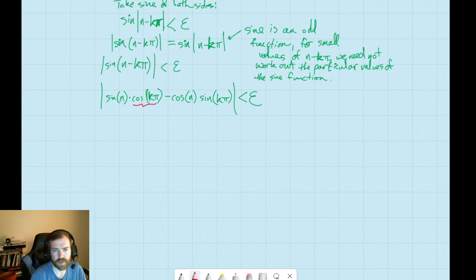So the cosine of k pi is going to be equal to 1 or negative 1. But this being an absolute value, we don't have to worry about it. And then the sine of k pi is equal to 0.